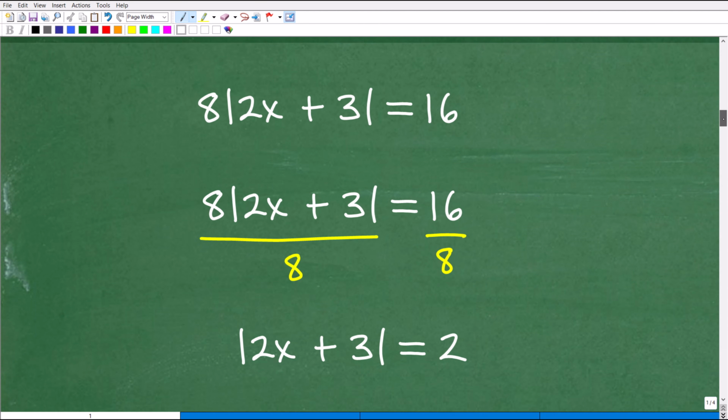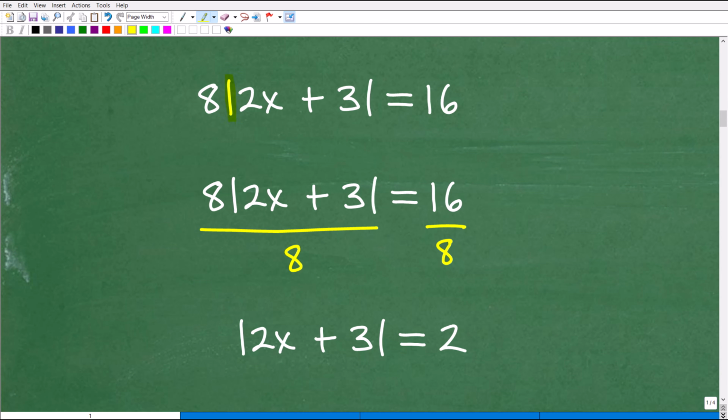All right, so when you're thinking about solving an absolute value equation, this is the part that you're trying to isolate. Now, here is something I really want to stress. Let me just make up something real quick. Let's say I had 8, absolute value of 2x plus 4, equals 10.